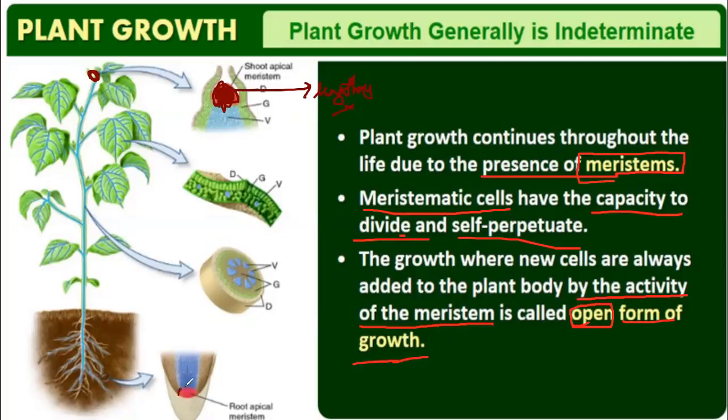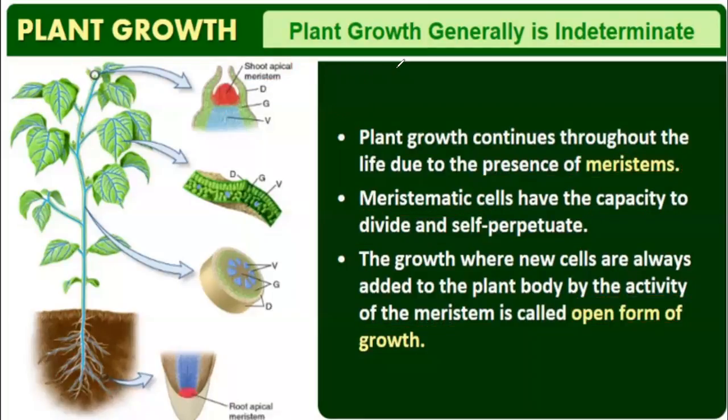And in the case of the root, you can find the root apical meristem. Clear? So this is the shoot apical meristem and this is the root apical meristem. So let's move on.